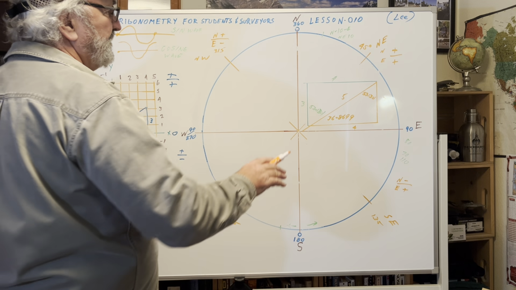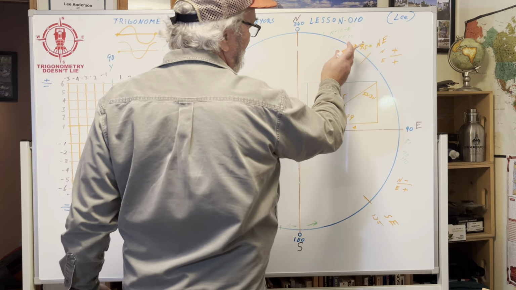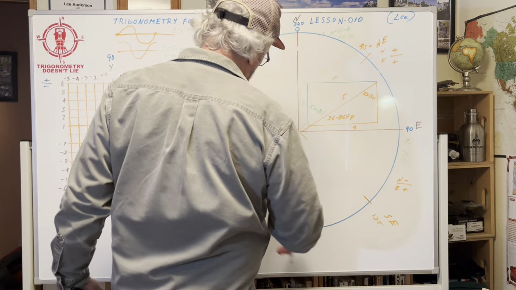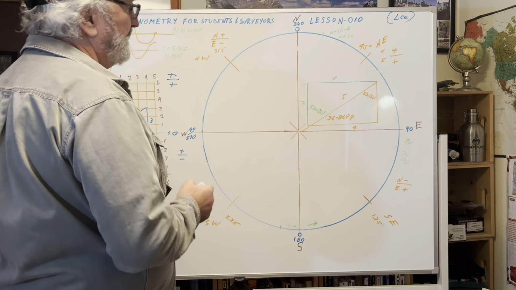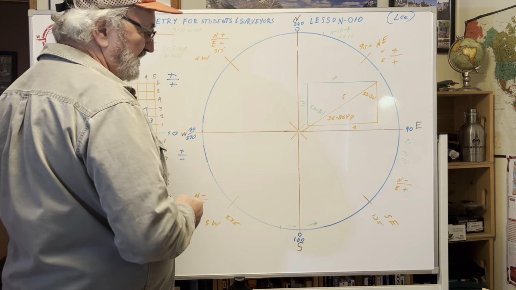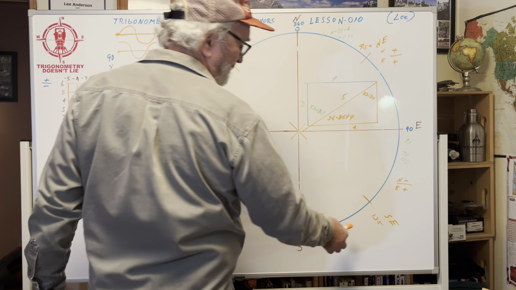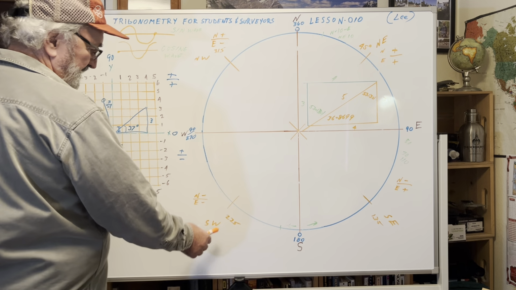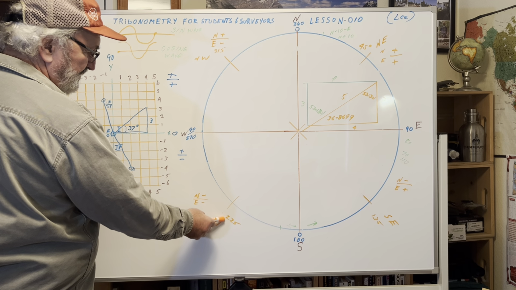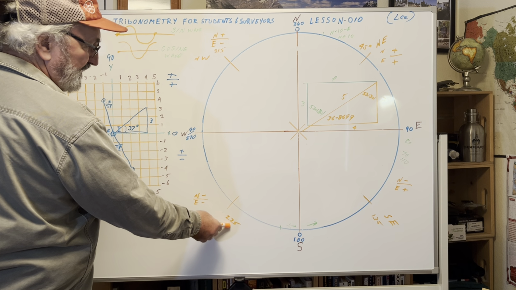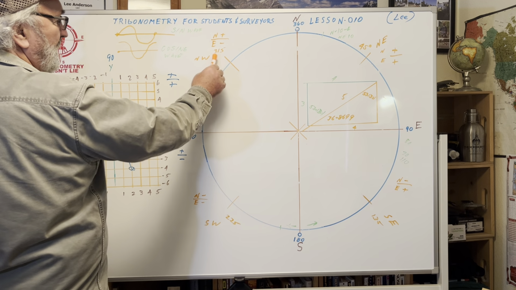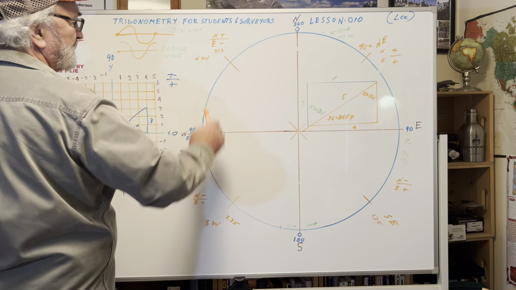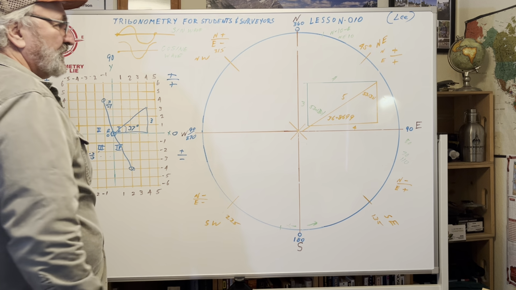These are split 45, 45, 45, 45. From 45 degrees, the next one you add 90 and get 135. The next one, you add another 90 for 225. And over here, you add another 90 for 315.